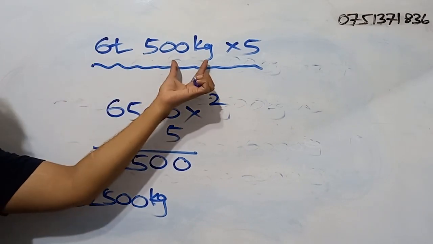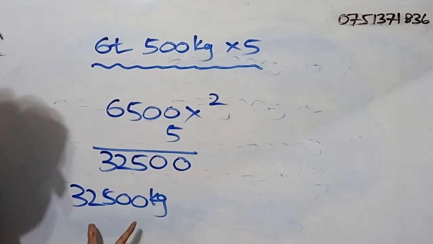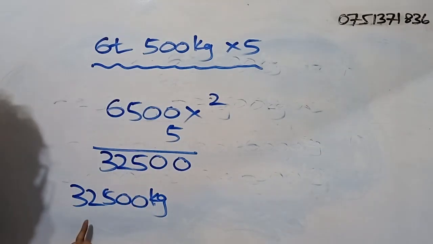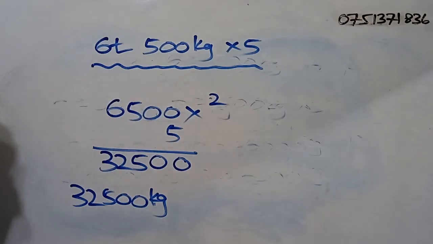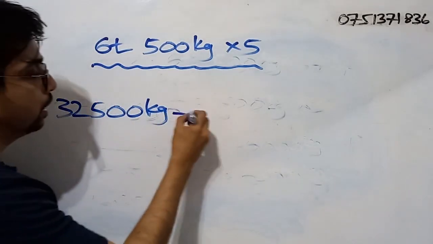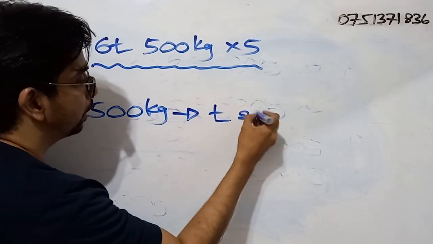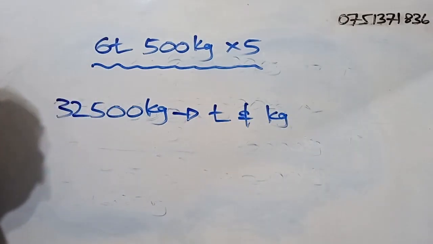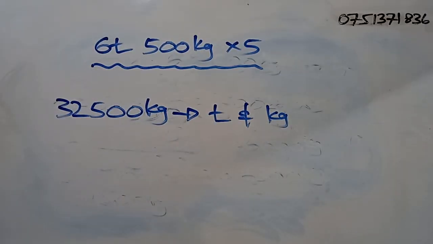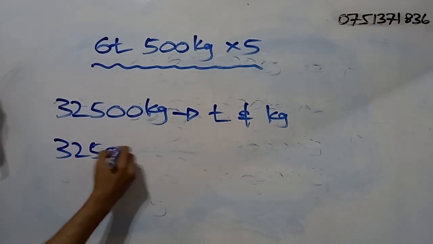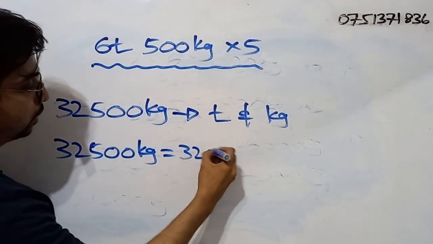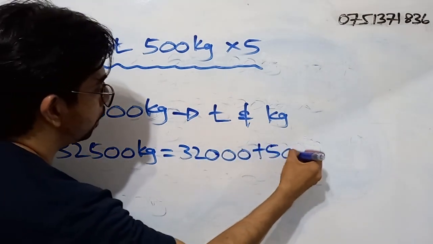This is the answer, but the thing is, the mass of one beam is given to us in tons and kilograms. So it is better for us to convert this mass into what? Tons and kilograms, right? So 32,500, we need to convert this into what? Tons and kilograms, or metric tons and kilograms, right? So what do we need to do? 32,500 kilograms, I can rewrite this as what? 32,000 plus 500.